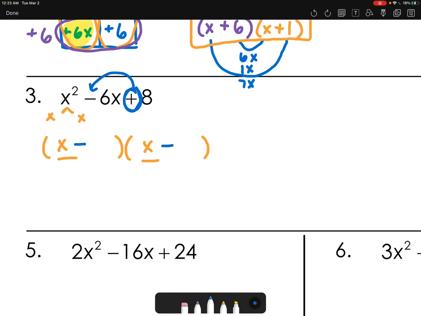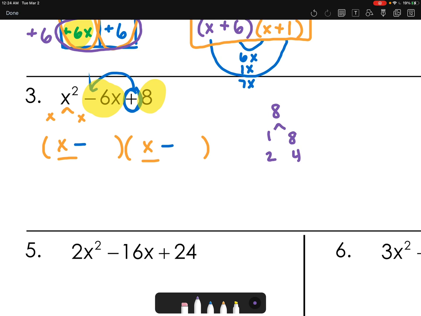Now I need to figure out what number goes on the end here. So I need to think of two numbers that multiply to 8 and add up to negative 6. So I'm going to take 8 over here and think of my factors of 8. So I have 1 and 8, 2 and 4, and that's it.